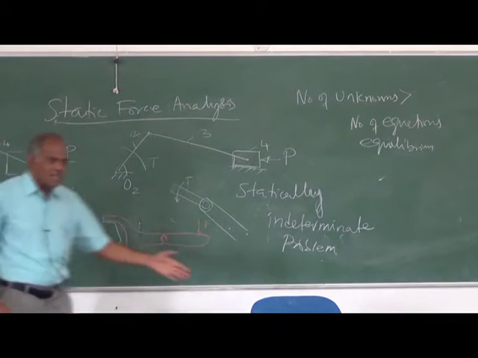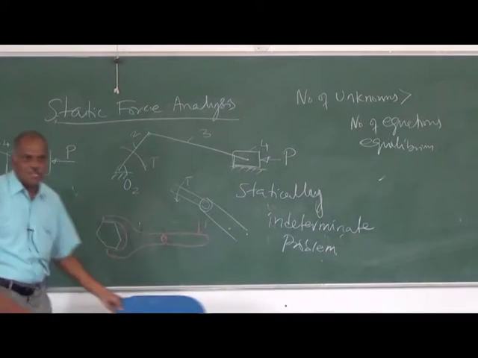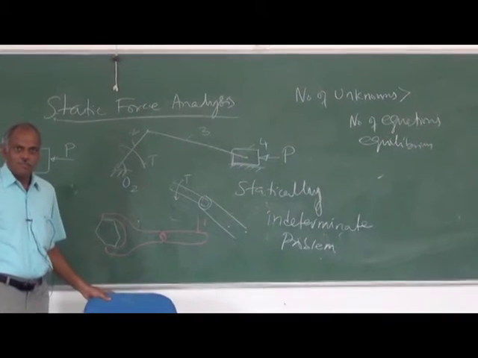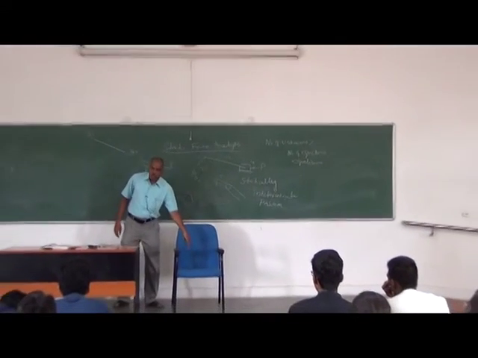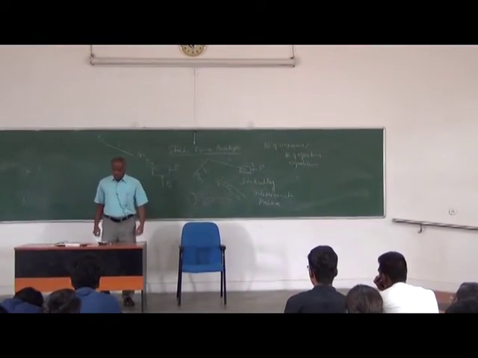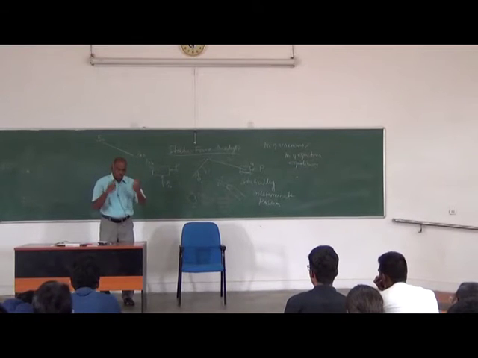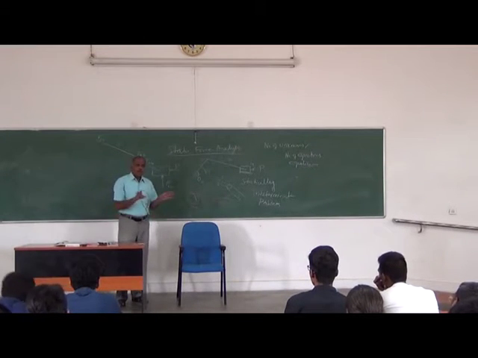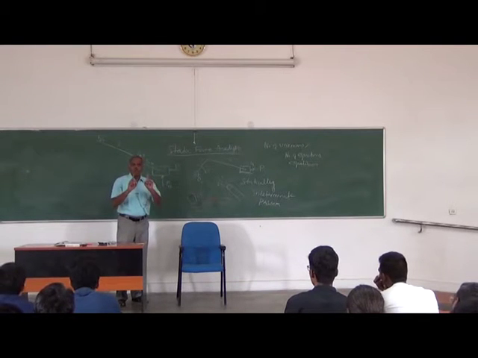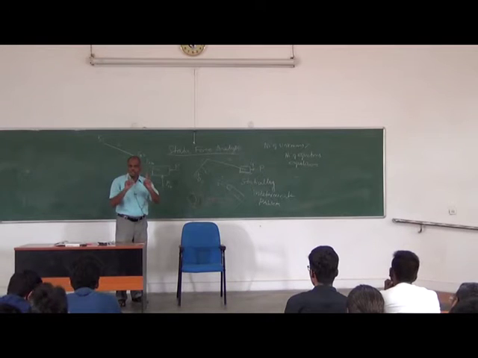Now here, take the example of a chair. You have the weight of the chair, which is a force, and you have 4 reactions. Now, as we know, all the reaction forces are vertical, and the weight is also vertical.